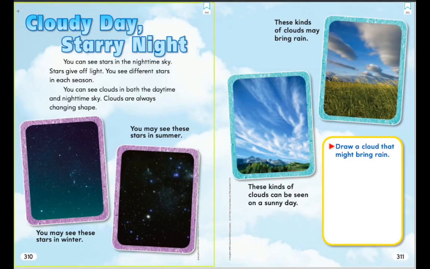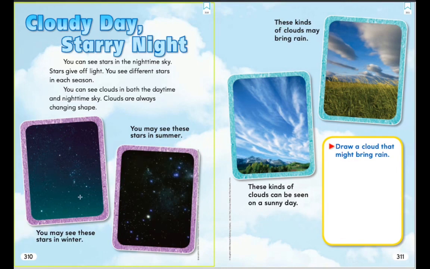Cloudy day, starry night. You can see stars in the nighttime sky. Stars give off light. You see different stars in each season. You can see clouds in both daytime and nighttime sky. Clouds are always changing shape. So, we see stars differently in different seasons.